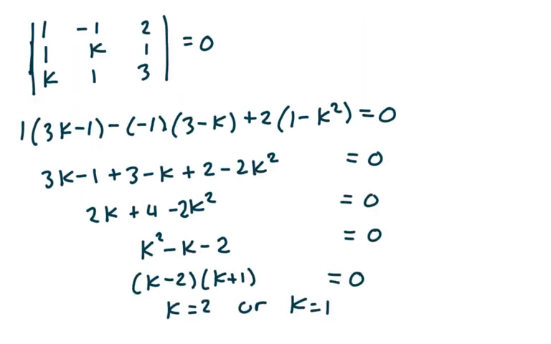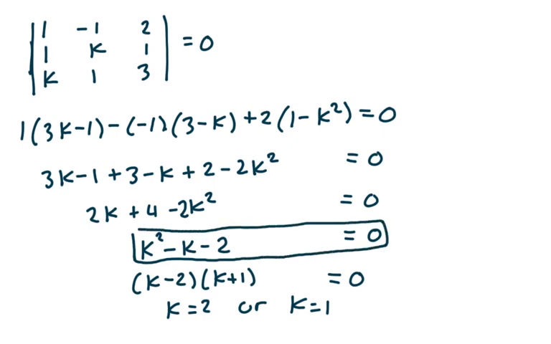When I do that, this is what my equation looks like. So I expanded around the first row. And when I did that, I ended up with k squared minus k minus 2 equals 0.